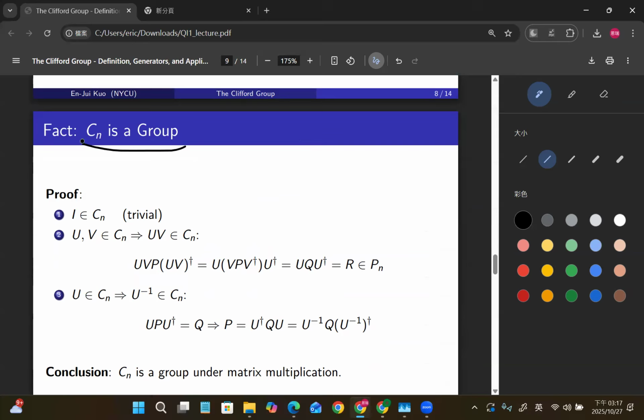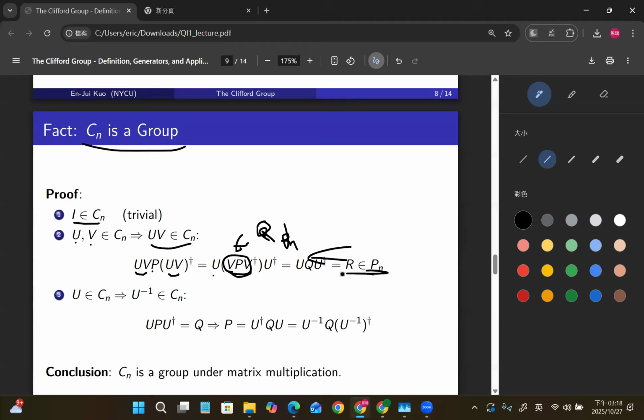So first, it is a group, because the identity belongs to it. If you take two of them, the multiplication still belongs to it, so it is closed, right? It's very simple. You just take UVP V dagger U dagger. Now this guy is still a Pauli, belongs to the Pauli group, right?